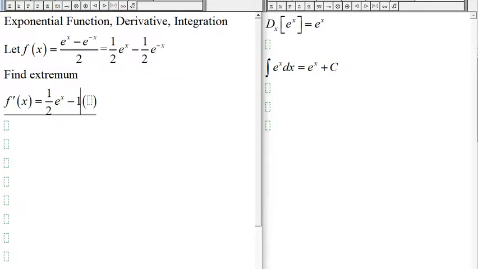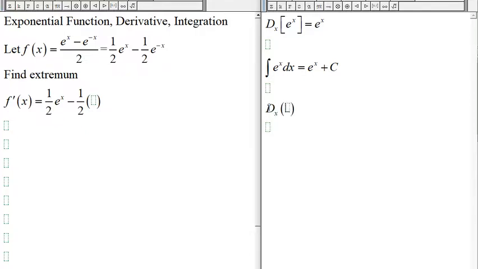So 1/2. We need the derivative of e to the negative x. Again, the derivative of e to the x is just e to the x. But here we have e to the negative x, so we have to use the chain rule.